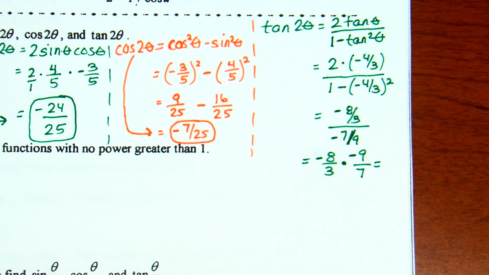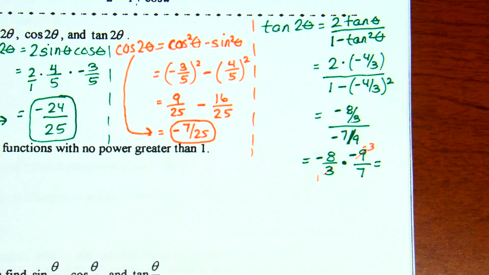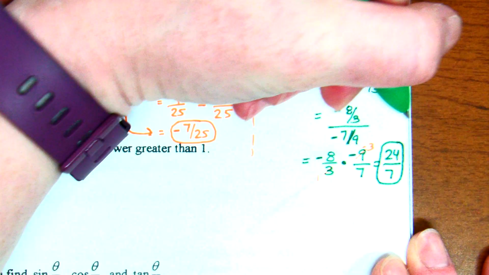What do you know about 3 and 9? Yeah, they can divide both by 3 and become 1 and 3. So then, 8 times 3, 24 over 7. And it was a negative times a negative, which makes it positive 24/7.